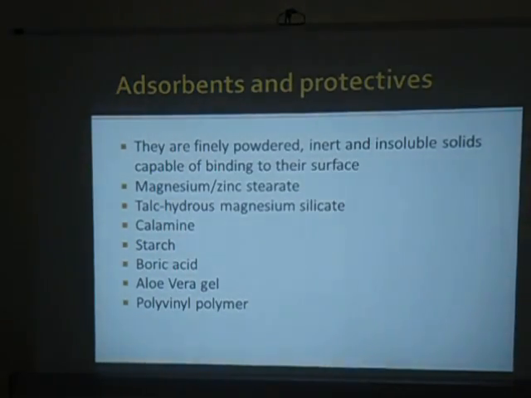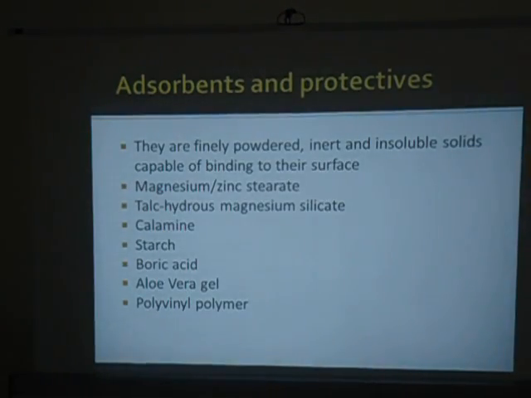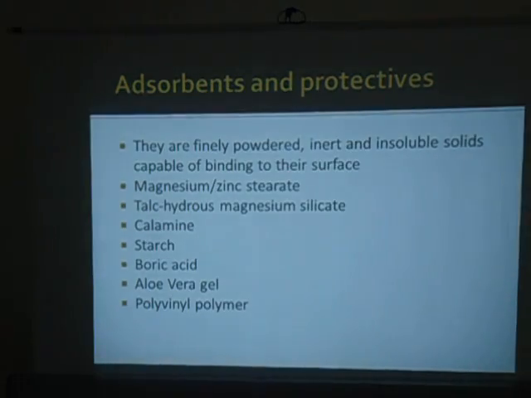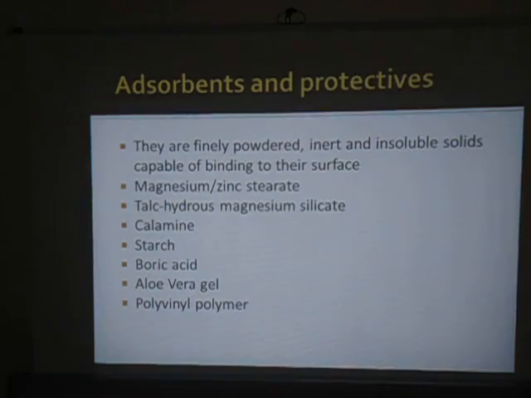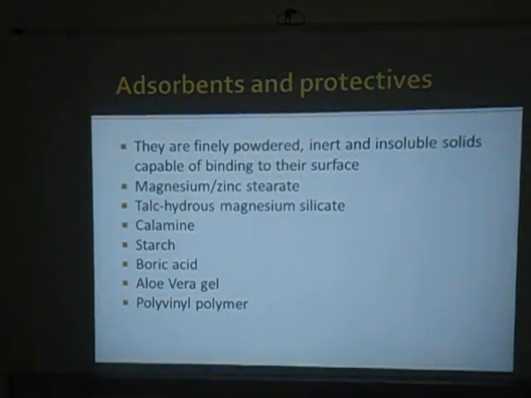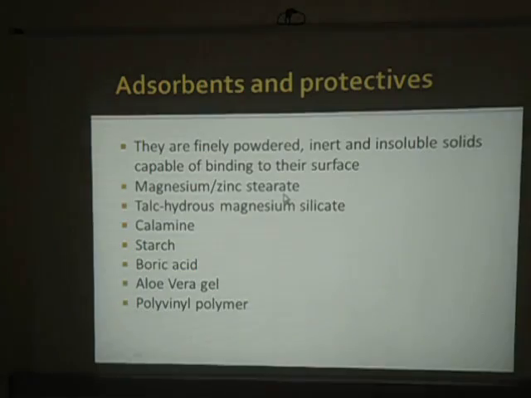Then calamine lotion. For most skin conditions, such as skin burns, sunburns or dry skin, we can use calamine lotion. Even when there is no infection, just to give a moisturizing effect to the skin, we can use calamine lotion. Then talcum, hydrous magnesium silicate, Pond's green flower powder.